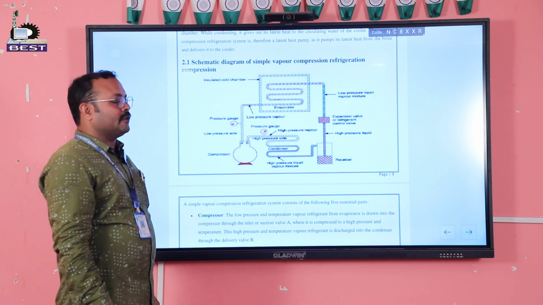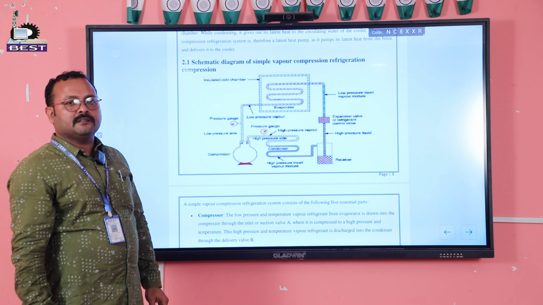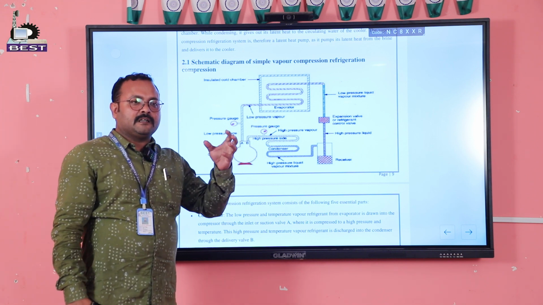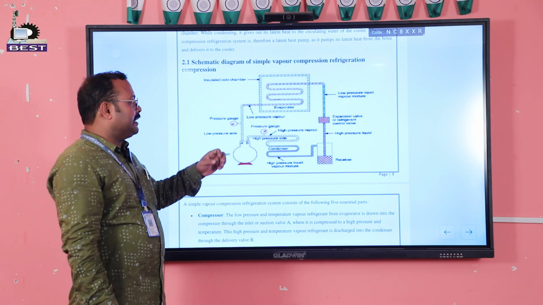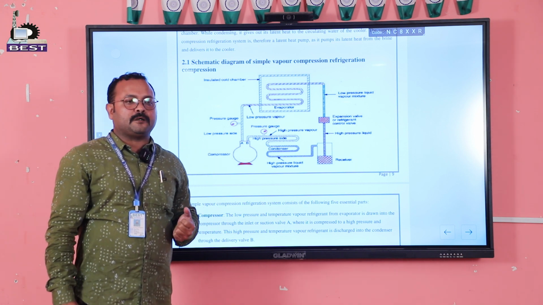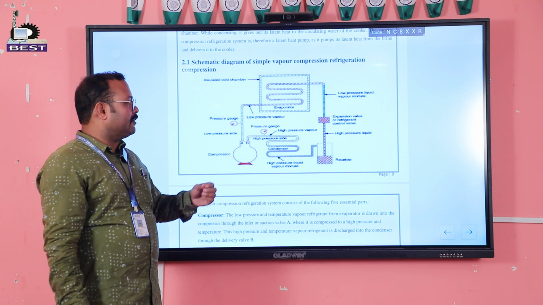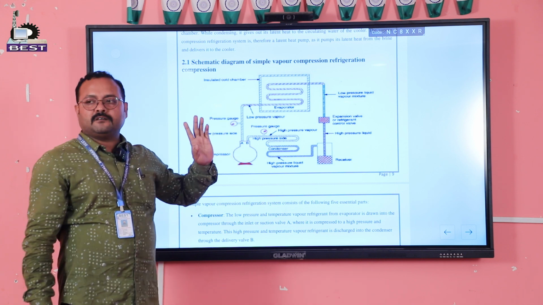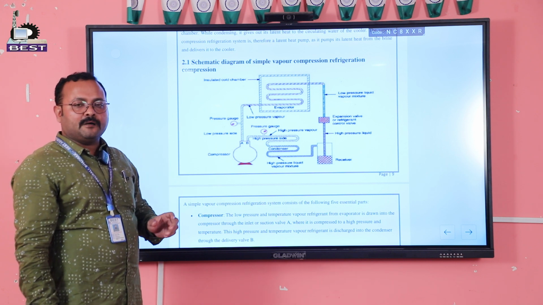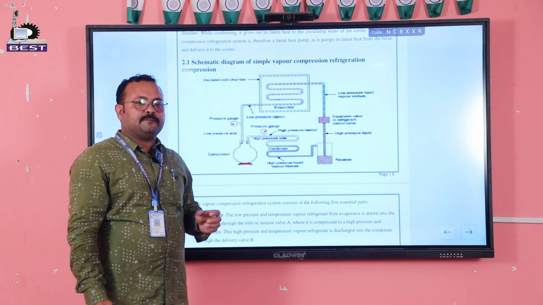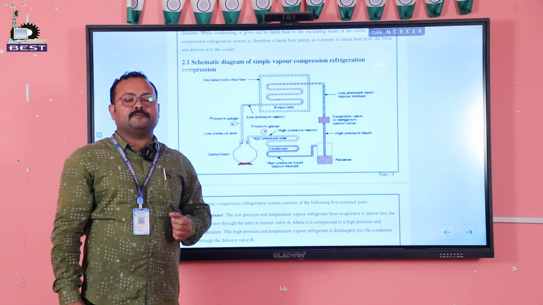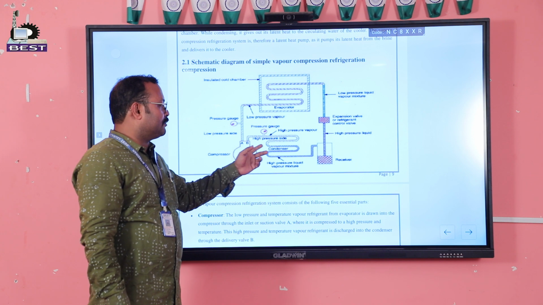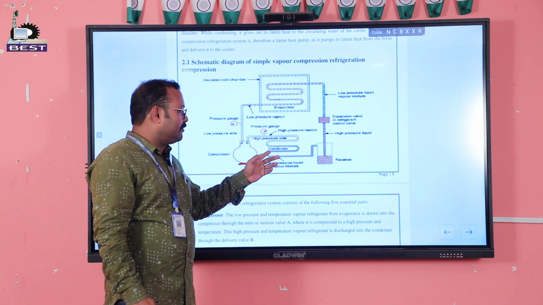First of all, the refrigerant absorbs heat from the evaporator, that means cooling chamber. Then it converts into gaseous form, that means vapor form. Then the low pressure vapor enters into the compressor. In compressor, the temperature and pressure of the refrigerant increases, and then the refrigerant enters into the condenser.